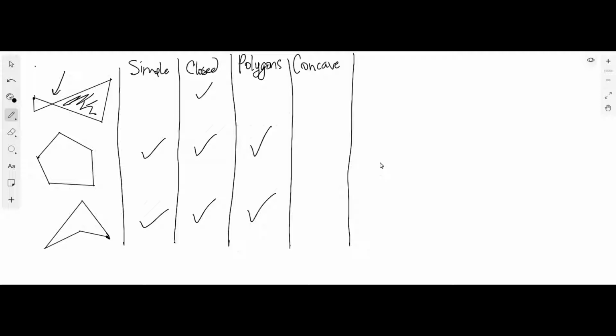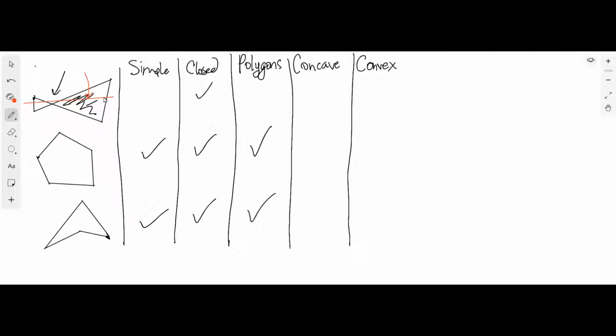Does it have a cave? Or the more appropriate way of figuring this out is, does a line that crosses through from the exterior of one side to the exterior of another always stay in the interior?